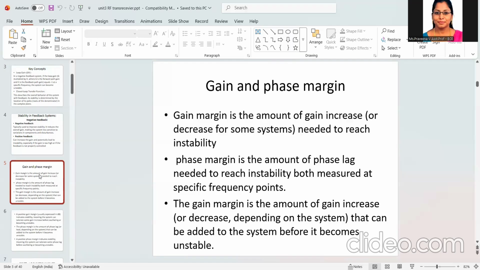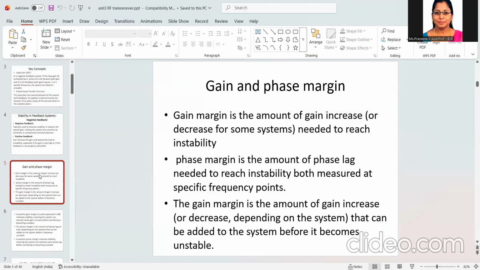It is measured at the phase crossover frequency, which is where the phase equals minus 180 degrees. Interpretation: if we have a large gain margin, the system is more stable. If it has a very small gain margin, the system is less stable. Zero gain margin means the system is on the verge of instability.